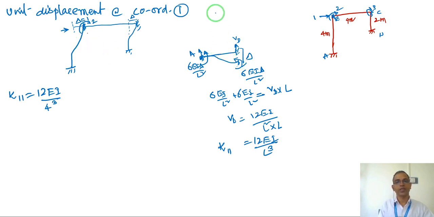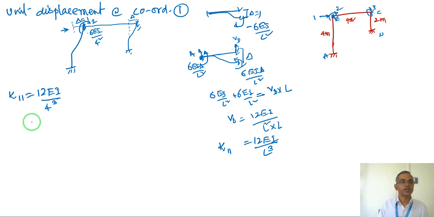We already said, due to the unit delta displacement downward, delta equal to 1, the moment produced on the right hand side is minus 6 EI delta by L square, so 6 EI by L square.